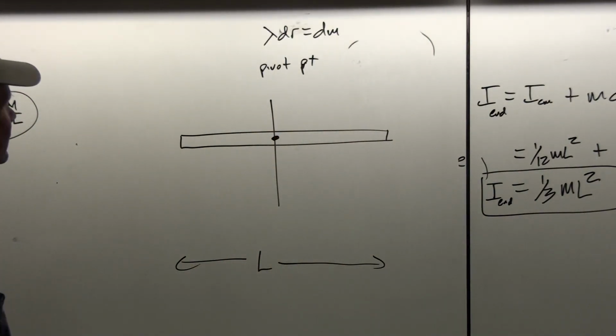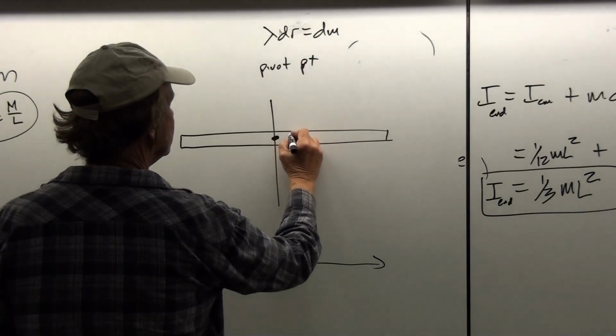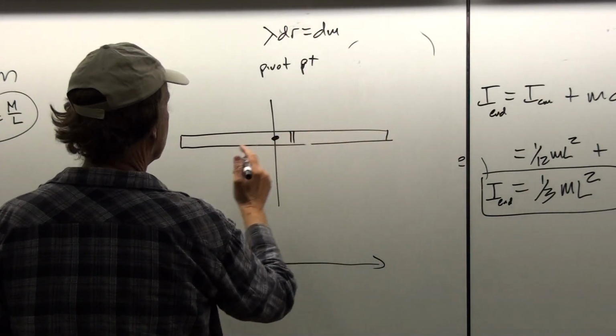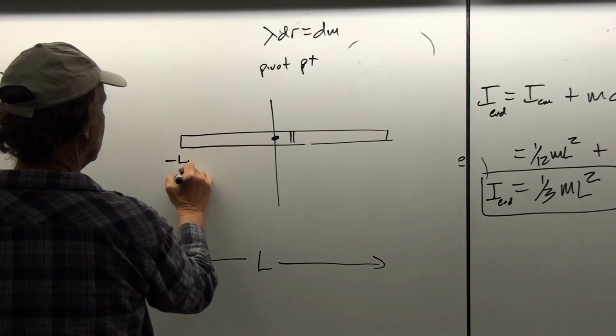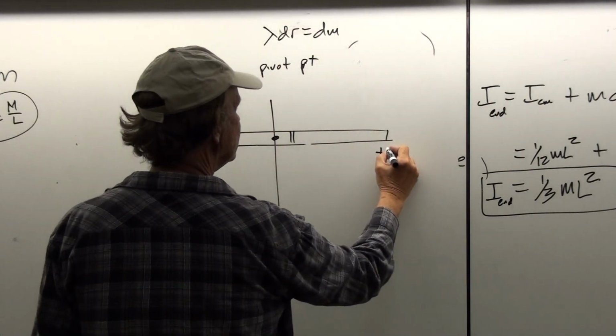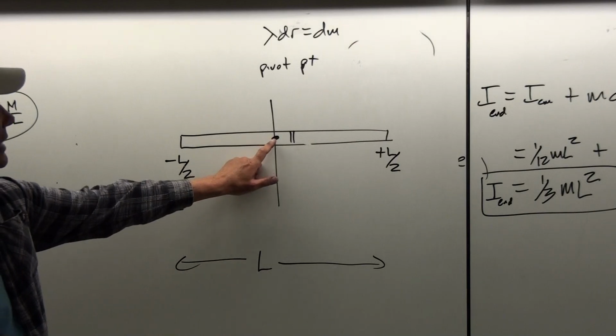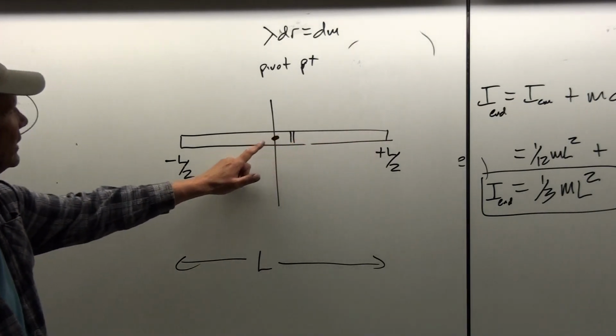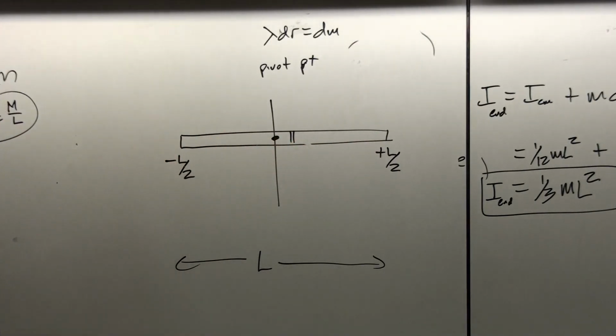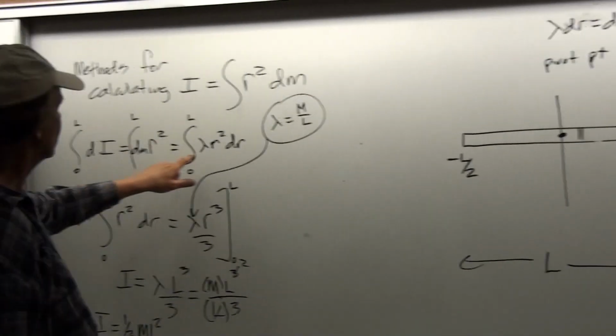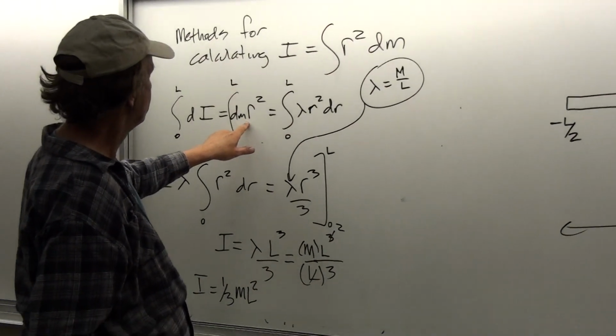Okay, and so we're going to have to integrate little dm's all the way from minus L over 2 to plus L over 2. That's L over 2 because it's all being measured in terms of the distances that we're talking about in this expression, r squared dm. Okay?